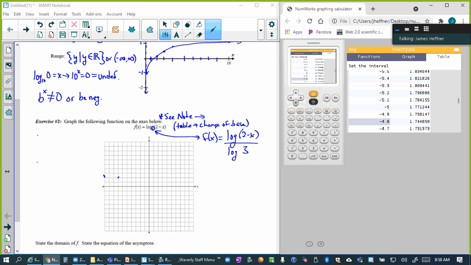Is it 1.7 something? About here, like that. Any other useful values here? -2 is at about 1.2. So -2 about here. Let's get a few more. Ooh, -1 is at 1. We got that point.